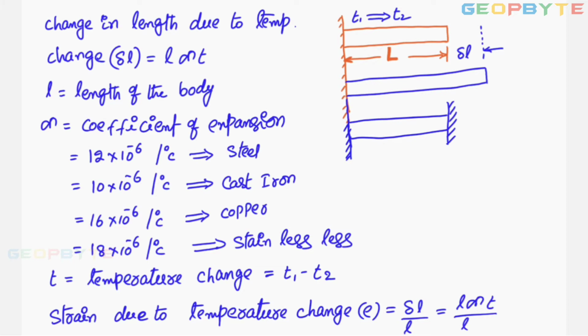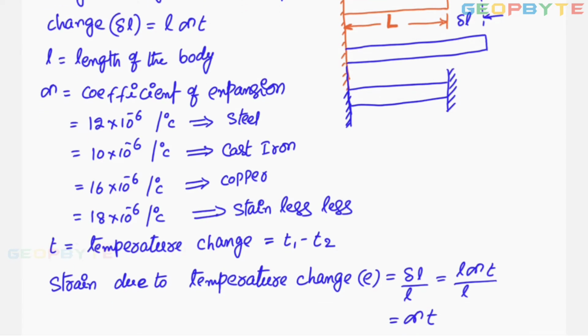Those stresses are called temperature stress or thermal stress. So whatever stresses are developed due to temperature change, by the time the body's free expansion or contraction is restricted, is called temperature stress.